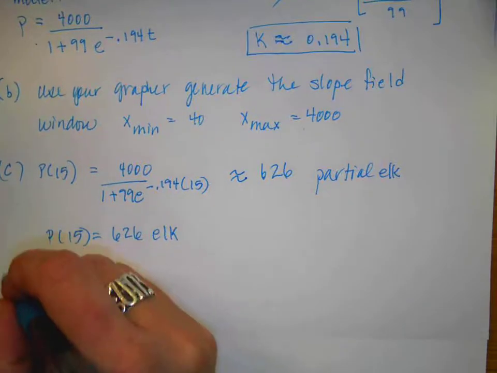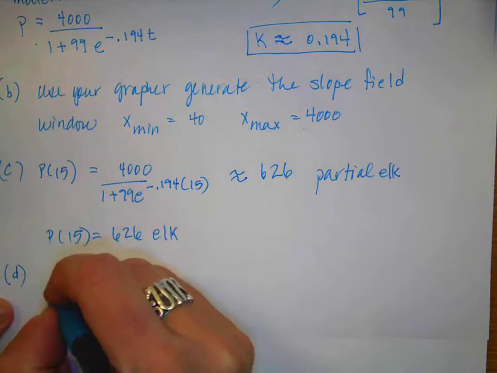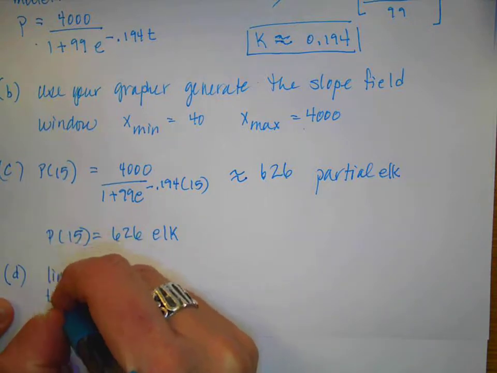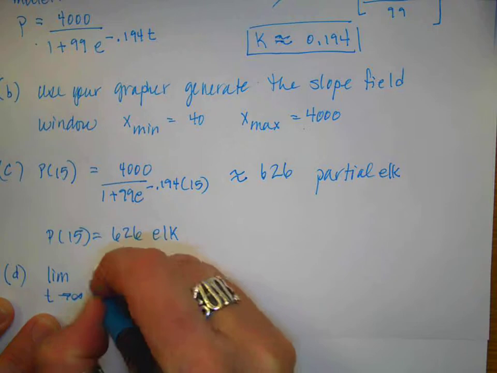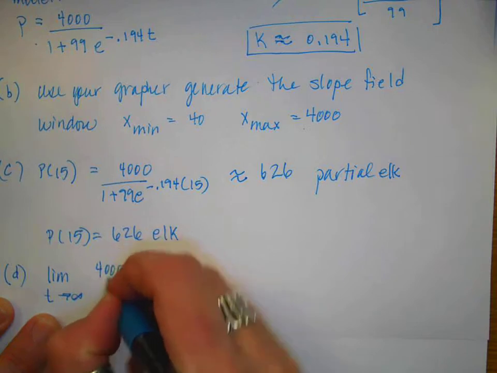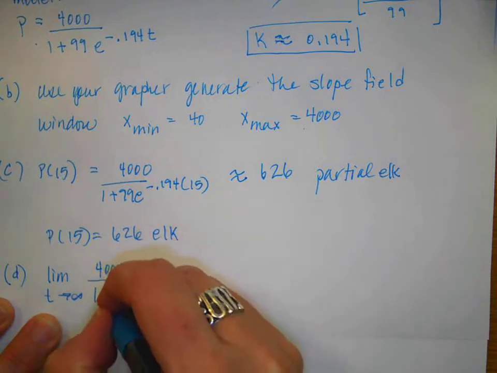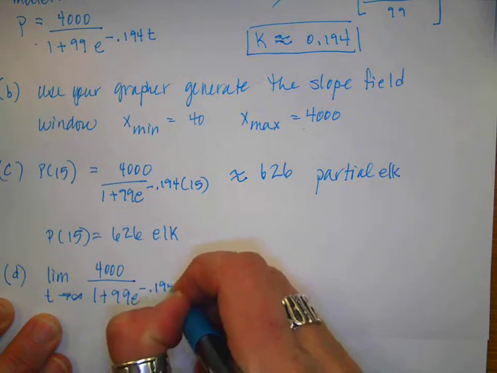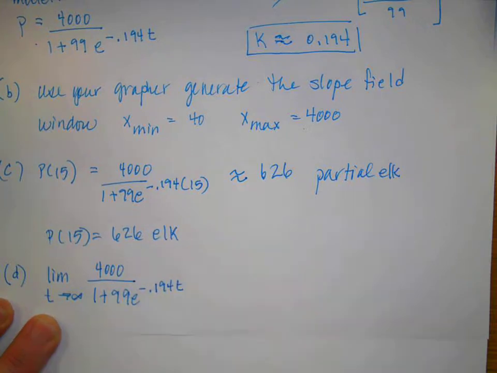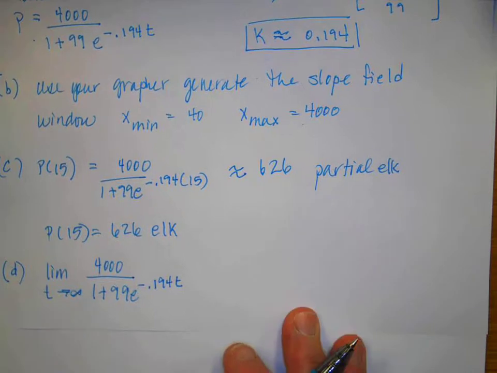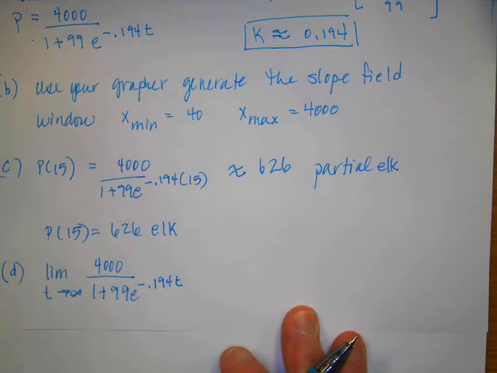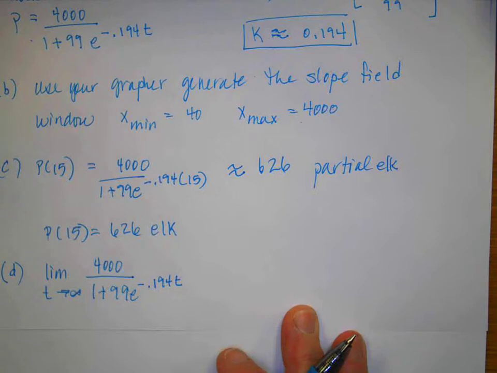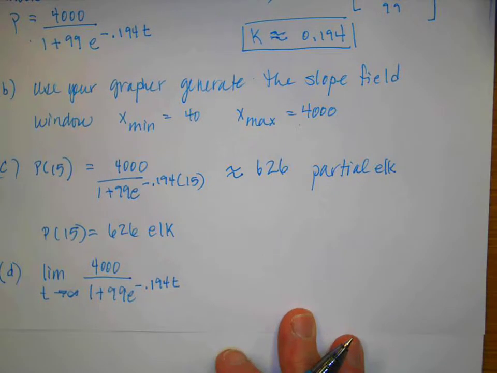And then the last one, we're going to do the limit. So the D part says I want to take the limit as t approaches infinity of 4,123 over 1 plus 99 e to the negative 0.194 t. And notice that we actually never used the rate equation that we were given in the beginning of the problem.